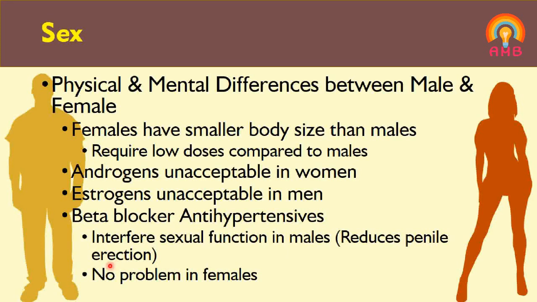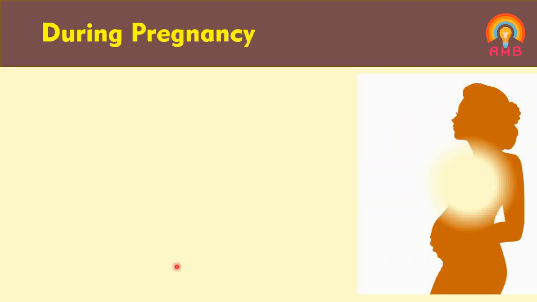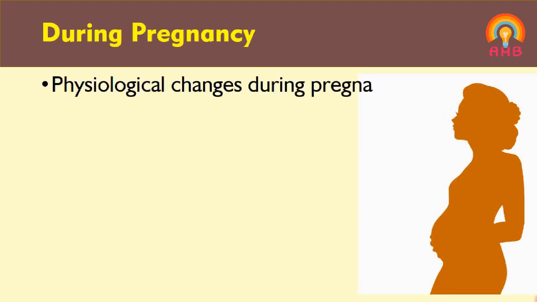Also in women, precaution should be taken by considering menstruation, pregnancy and lactation. There are marked physiological changes that can occur in women during pregnancy which can alter drug disposition, or drug movement, in the body of that woman.